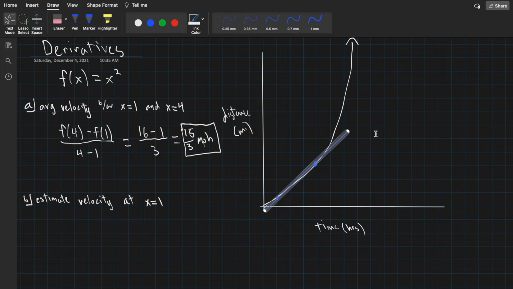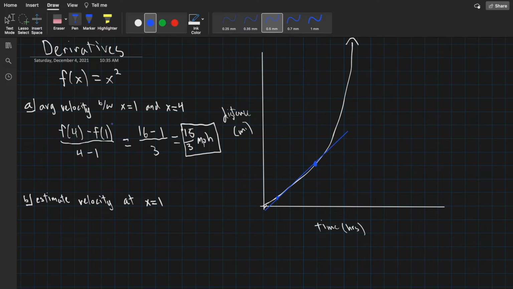But what if instead at x equals 1, my car was parked for 30 minutes before I finally decided to keep driving between x equals 1.5 and x equals 4? Then our average rate of change is actually going to be completely off, because our true speed would have been 0 at x equals 1.